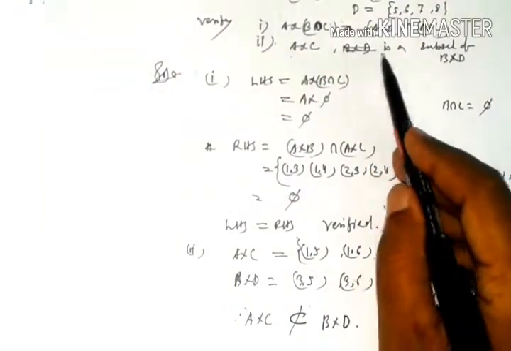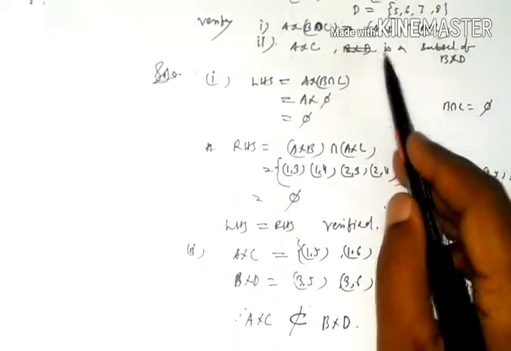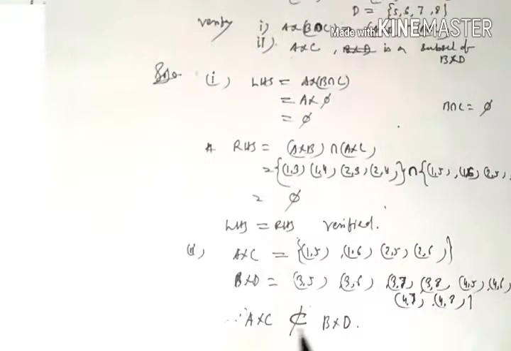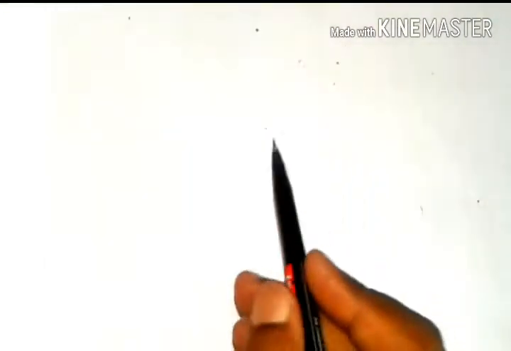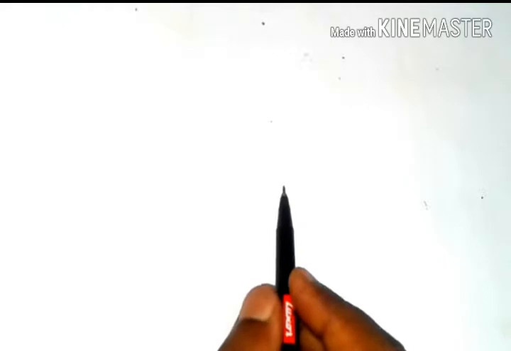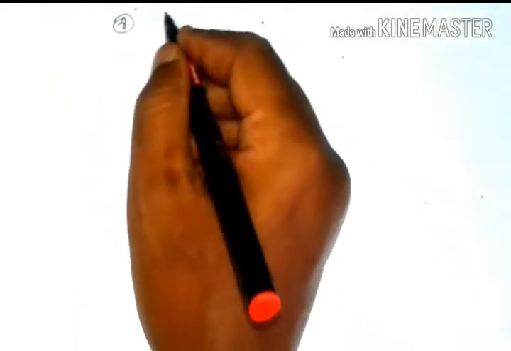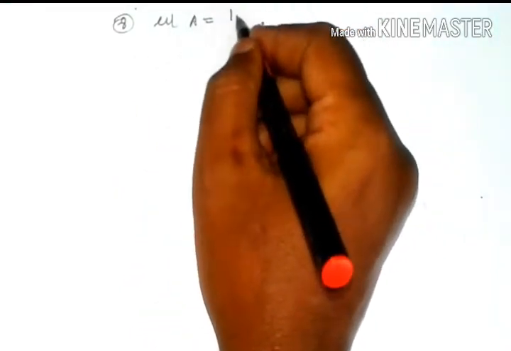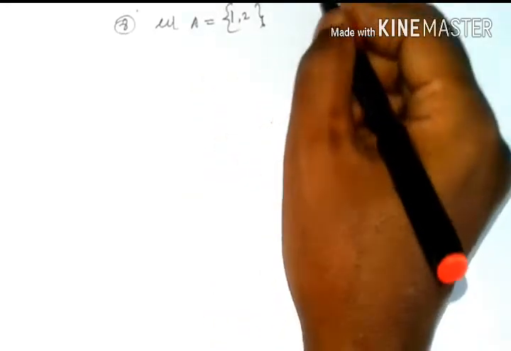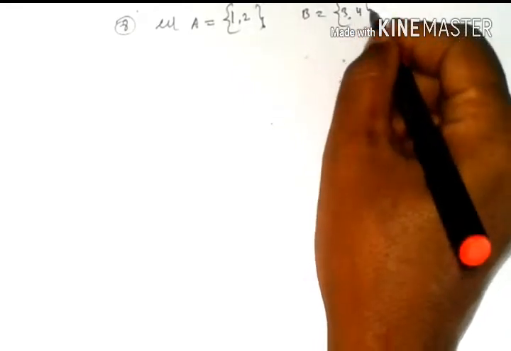We have to verify it, and A cartesian product C is not a subset of B cartesian product D. Another example is here. Exercise 8. Let A is equal to {1, 2}, B is equal to {3, 4}.